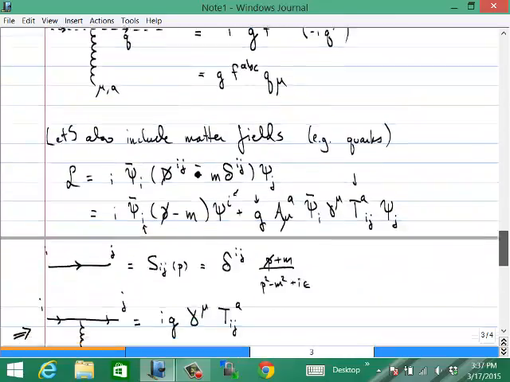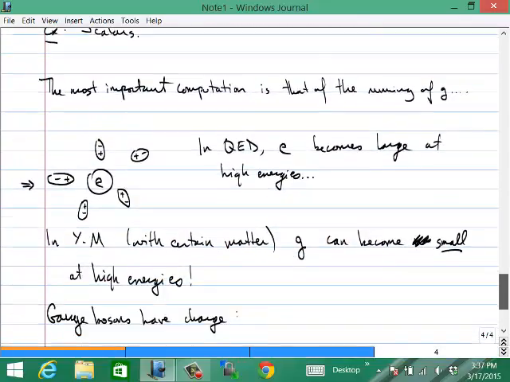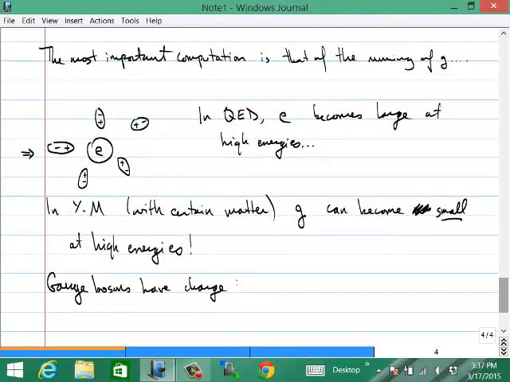However, gauge bosons are slightly different than our usual matter fields because they have spin, and because they're in the adjoint representation of the gauge group rather than, say, the fundamental representation. And so all of that changes the way that gauge bosons screen charge. In particular, gauge bosons, it turns out, anti-screen charge.